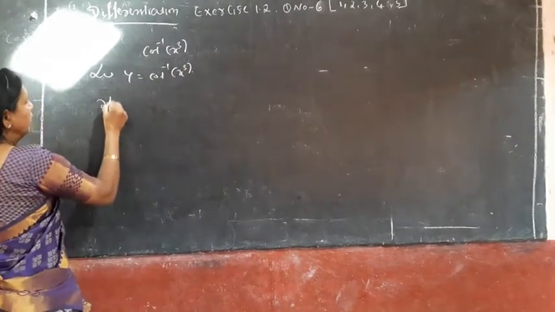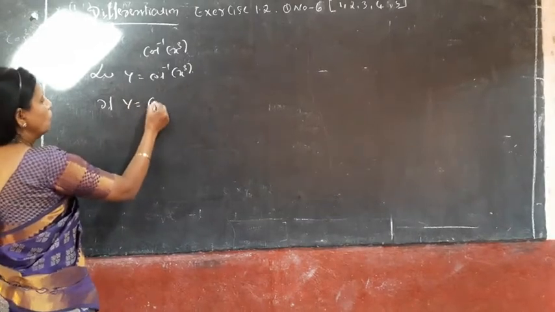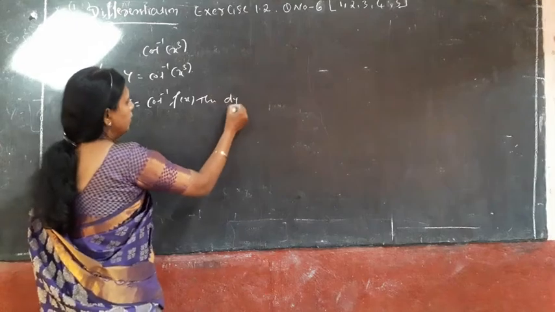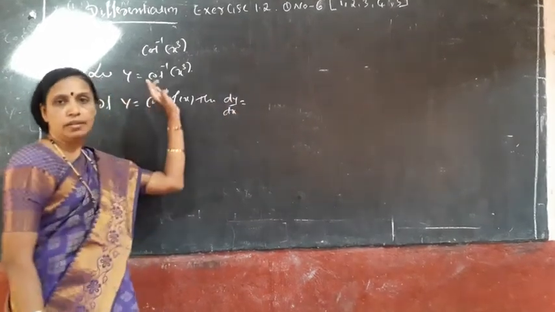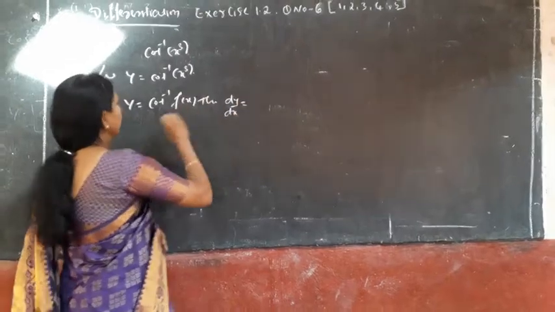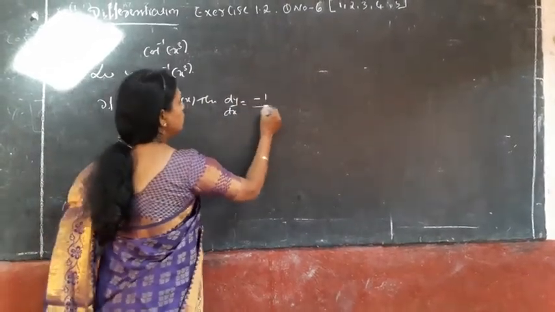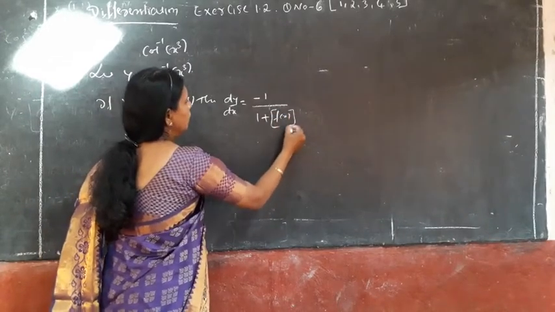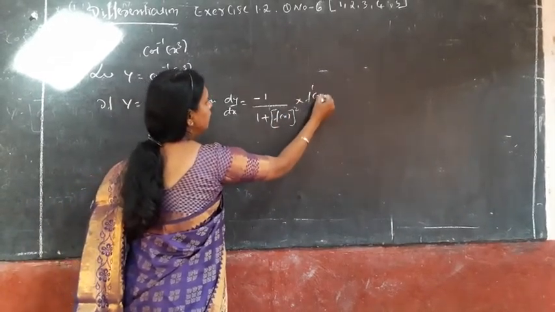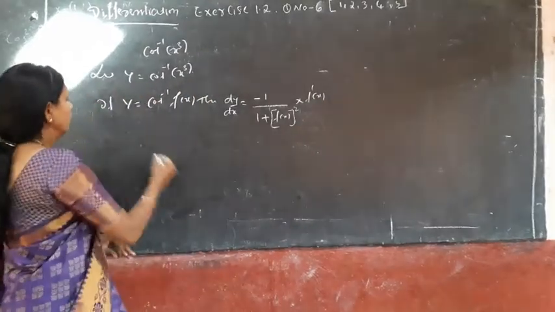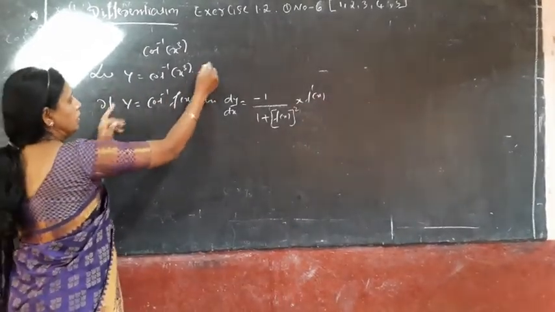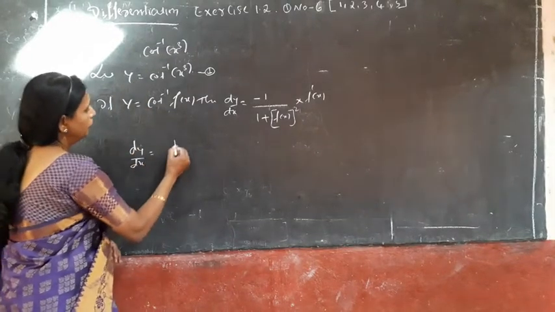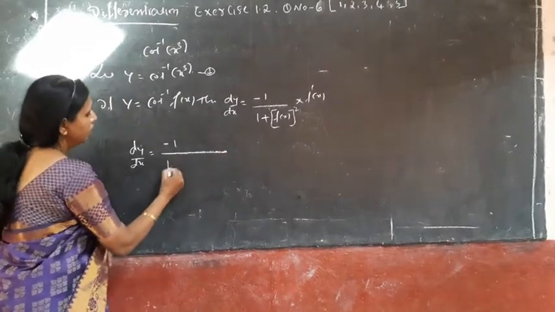We know that if y equal to cot inverse f of x, then dy upon dx can be given by minus 1 divided by 1 plus f of x raised to 2 into f dash of x.